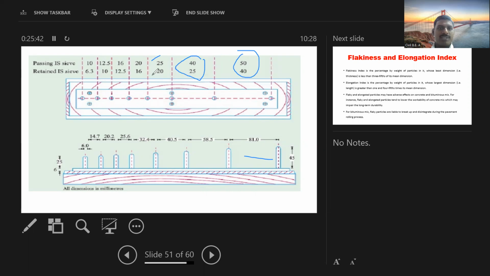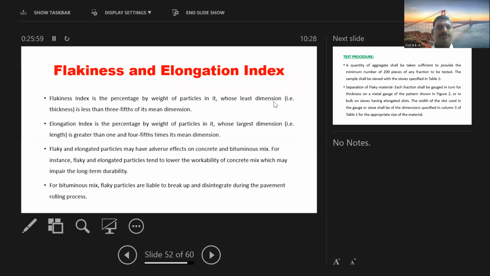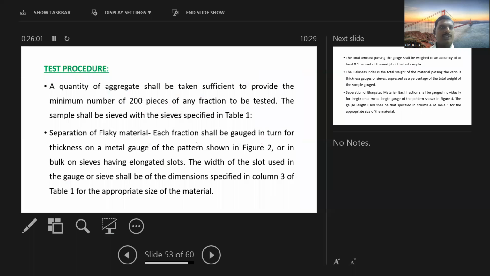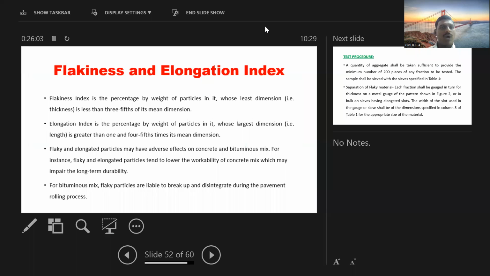So for various conditions, we are using that particular aggregate in concrete or BBM or WBM like this. These sketches also you can see. Now we will see how to test flakiness and elongation.